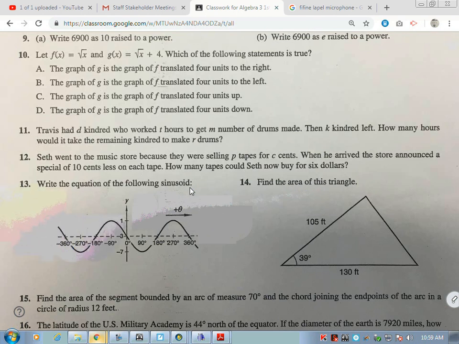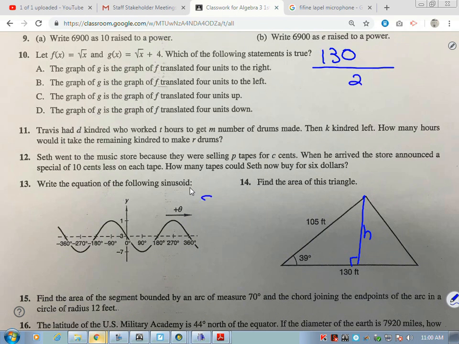14. Find the area of this triangle. Finding the area of a triangle is base times height divided by 2, right? So we know our base here to be 130. If I want to find the height of this, we're going to do this right here, correct? Kind of similar with the bounded region question that we worked with on our assignment. So we know that we're going to have 130 times something divided by 2.